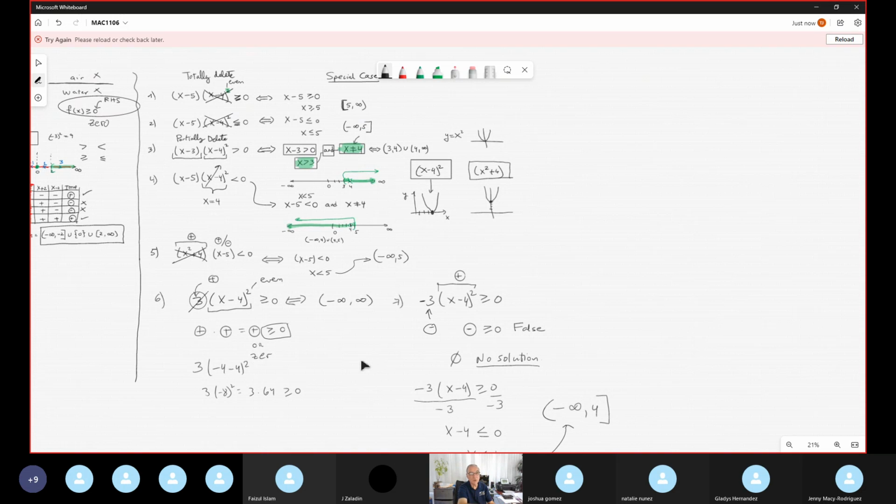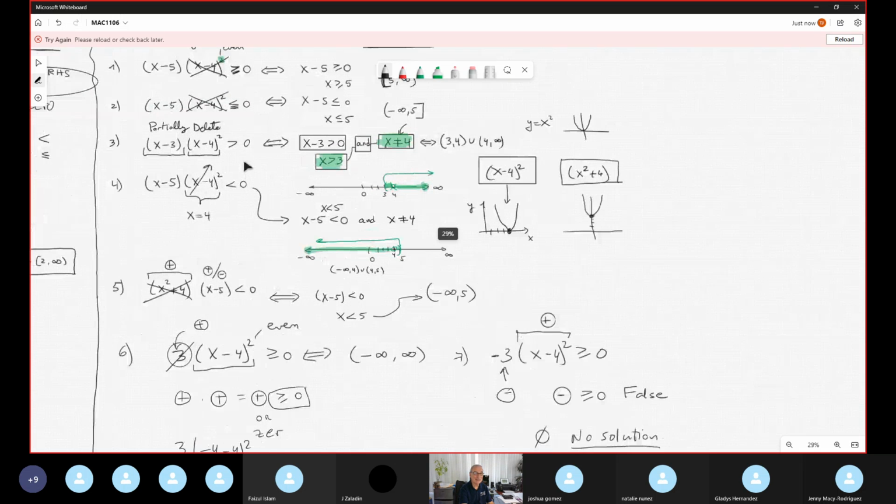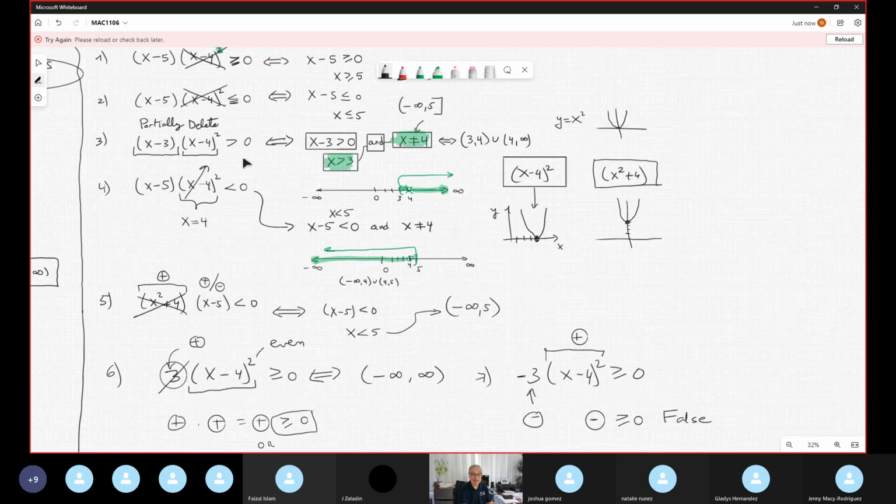However, if you have again an inequality that contains a factor with an even exponent, but the sign is not equal, it is greater than or less than, then you partial delete. Partial delete means that you include this like a restriction, and you convert your problem into one compound.